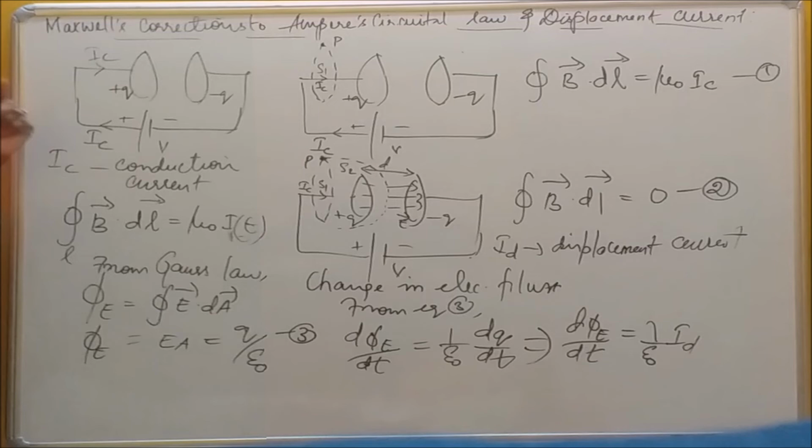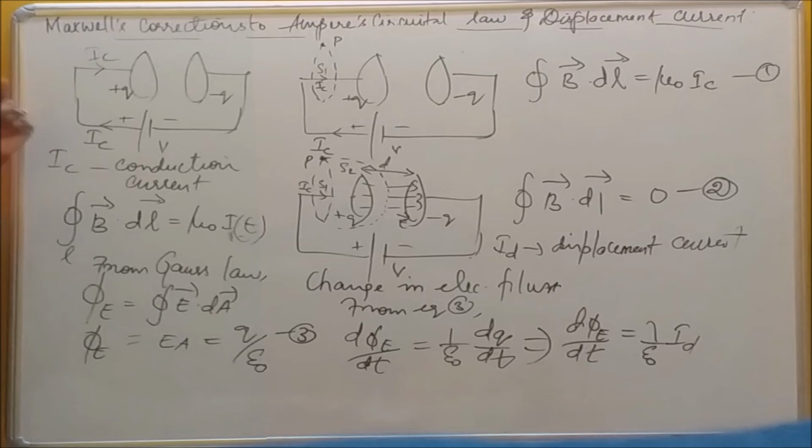We know that charge by time is nothing but current, and that current is the displacement current. So d phi E by dt equals 1 by epsilon naught of ID.